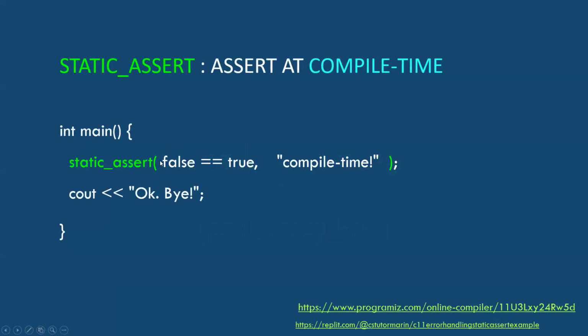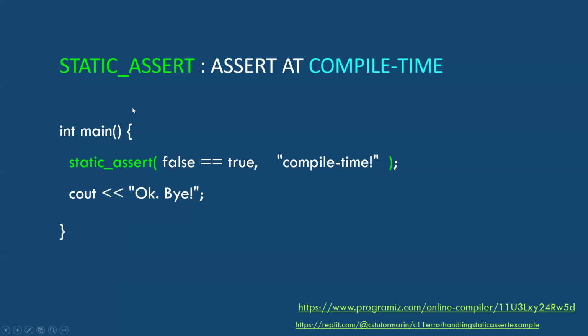So again, our silly example, we could say, hey, at compile time, if false is equivalent to true, then we're okay. Otherwise, we've got a compile time assertion here. Okay, so this one should assert and fail. It's going to say, hey, this is not really going to work.